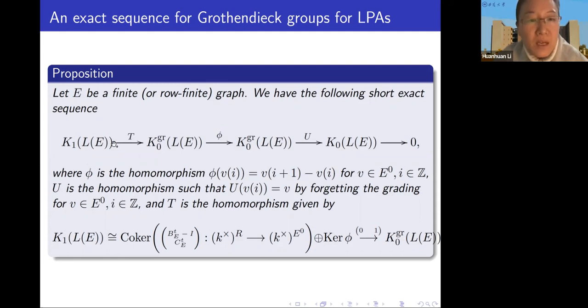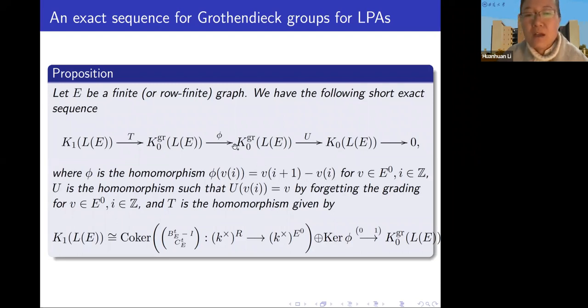So this starts from K1, and then here is the graded K0, and then K0. Here, U is induced by the forgetful functor, so U[V_i] is [V]. Phi is induced by phi[V_i] = [V_{i+1}] - [V_i].